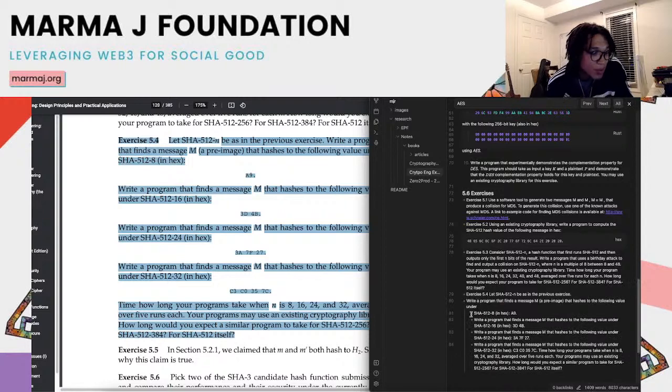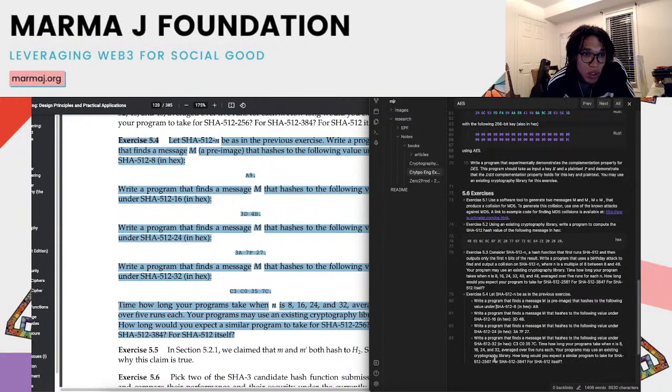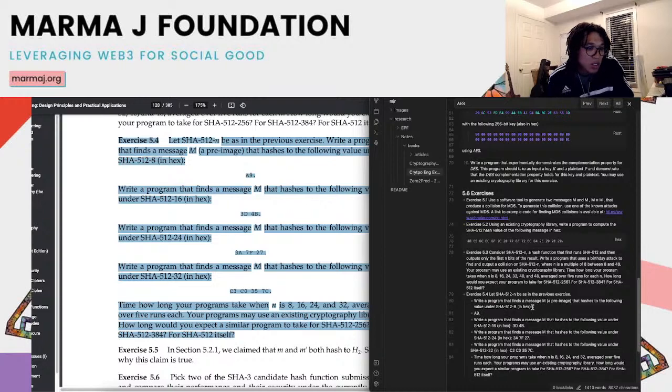Okay, and then this is a bit different. Time them. Yeah, simple enough. Okay. Write a program that does this. I'm just trying to organize it a tiny bit at least.